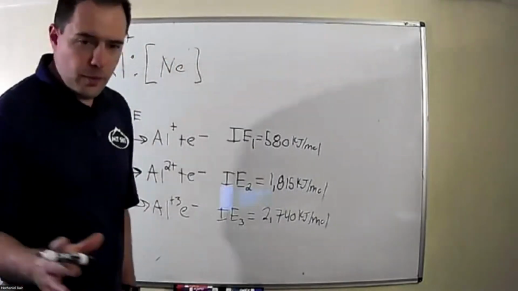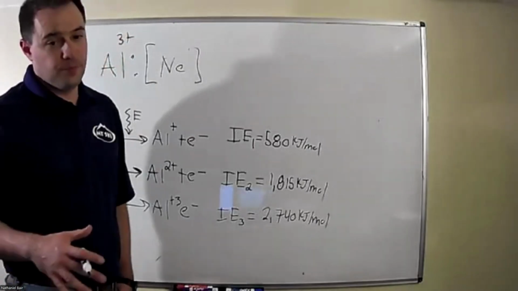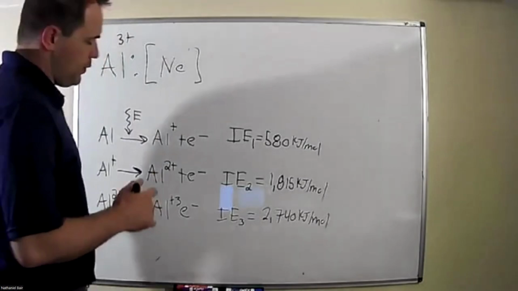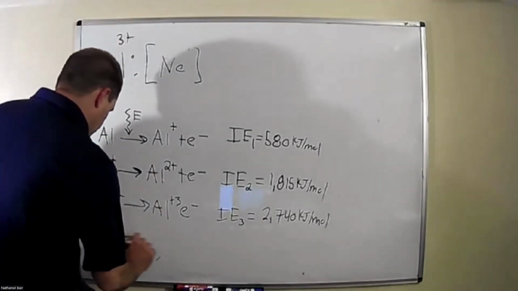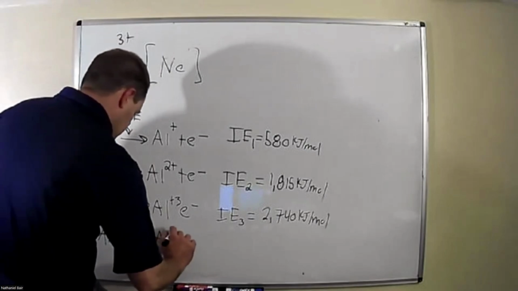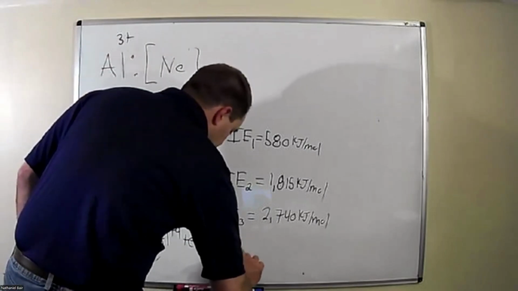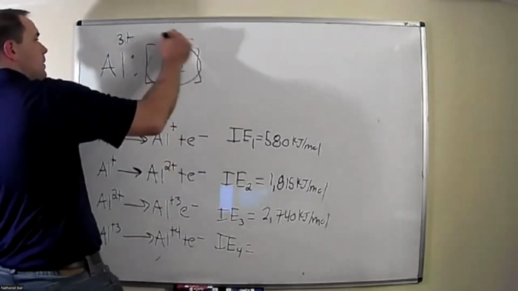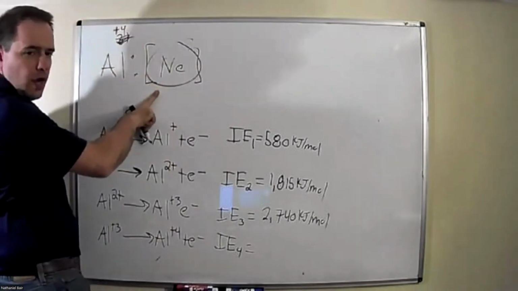Now, what if I want to remove another electron? Well, now we've got problems. You are now going to see a massive jump. If you try to take a fourth electron from aluminum, the ionization energy to remove that fourth electron is huge, because now I would be getting into the core electrons.